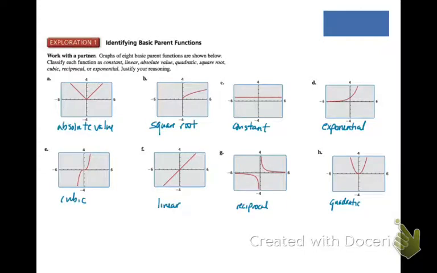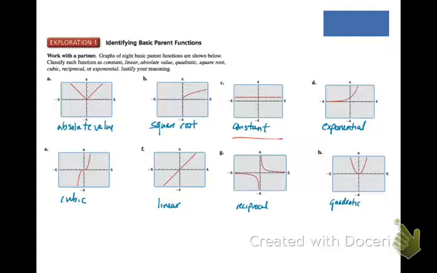All right, see how you did with matching the names of those functions with their graphs. So in this section, we're going to focus on 4 of these. We're going to focus in on the parent, or the most basic function, of a constant function. You can see that that is just a straight line that goes through a value of y.